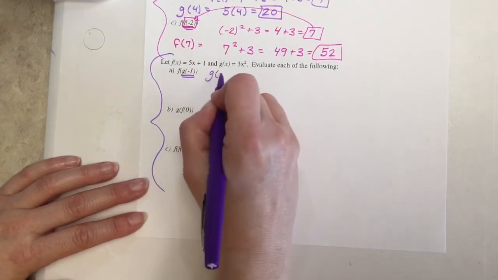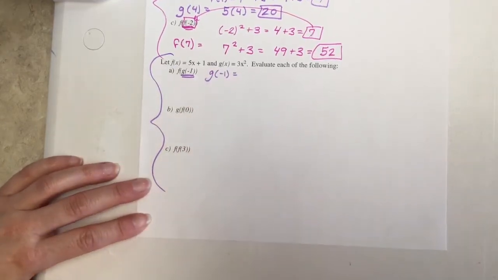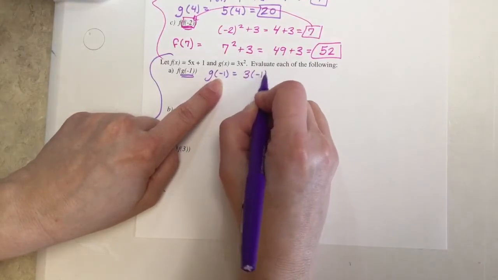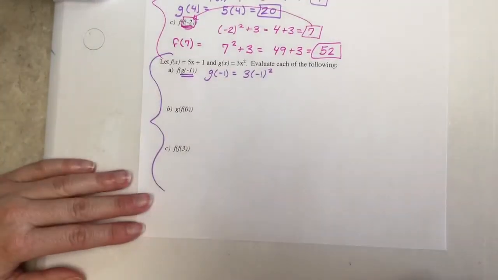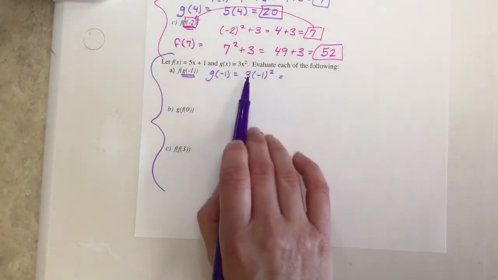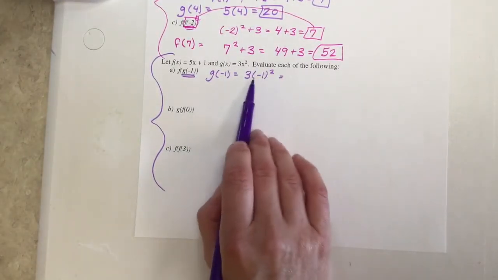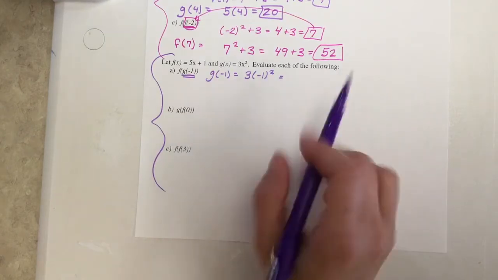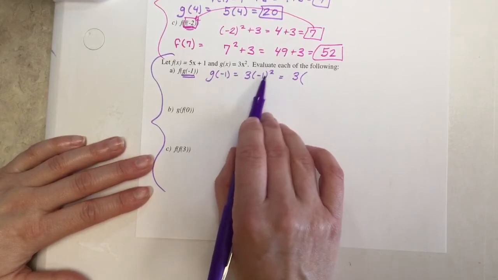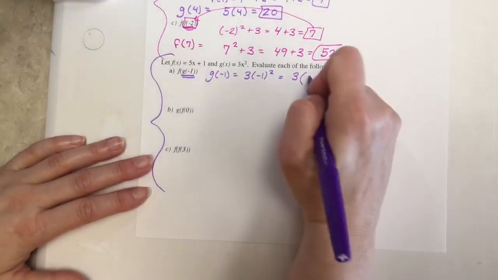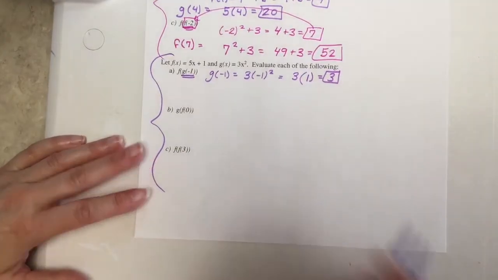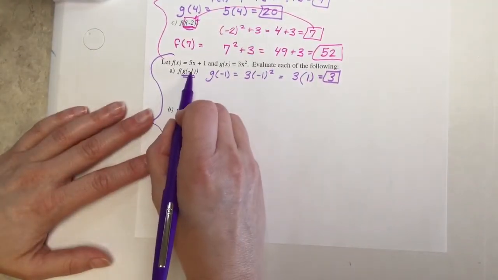So the first thing that I am calculating is g of negative 1. So I take the g function. Where there's an x, I put in a negative 1. Now here's where it's important that you know your order of operations. We have multiplications and exponents. Exponents always come first. So 3 times negative 1 squared. Negative 1 times negative 1 is a positive 1. 3 times 1 is 3. That's what g of negative 1 is.